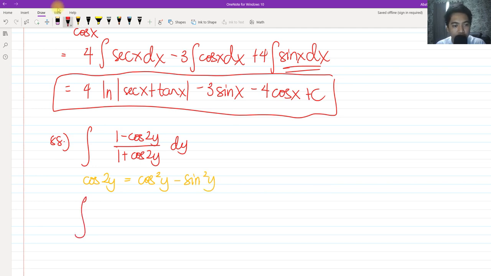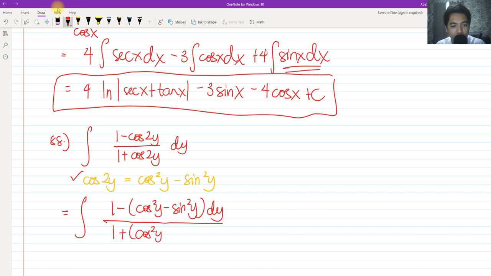So basically, cosine 2y is now equal to cosine squared y minus sine squared y. So we have 1 minus cosine squared y minus sine squared y, dy, all over 1 plus cosine squared y minus sine squared y. I have already written the dy.